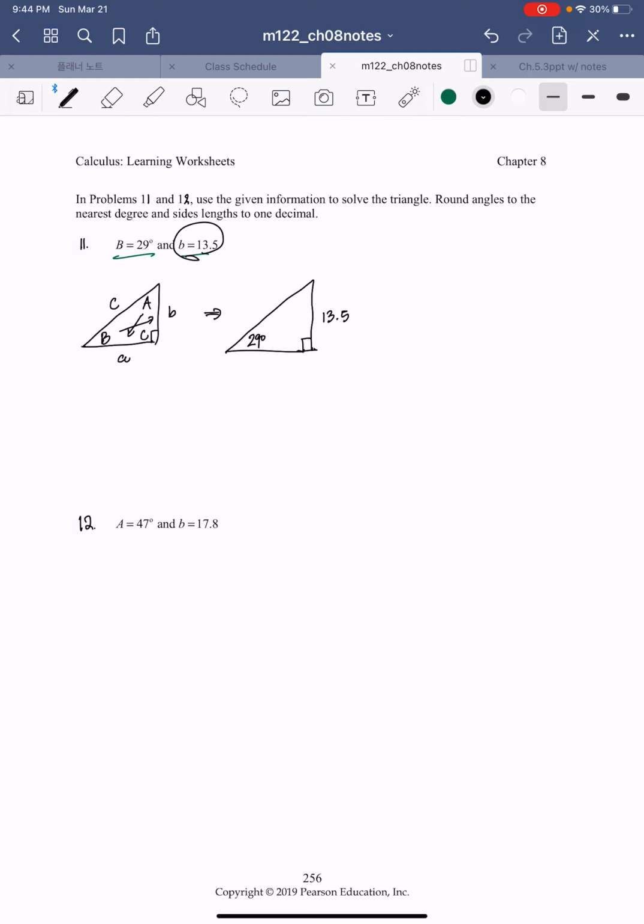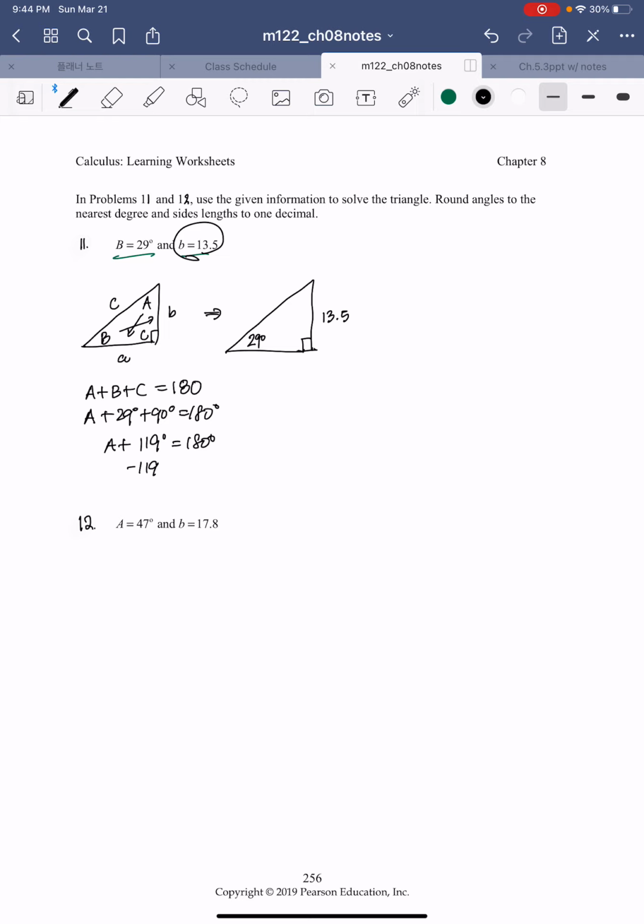So you know by geometry, what will A be? The interior angles of a triangle add up to 180. So you know that A plus B plus C equals 180. We know B is 29 degrees, C is 90 degrees. So we can find the missing angle. 29 plus 90 is 119.